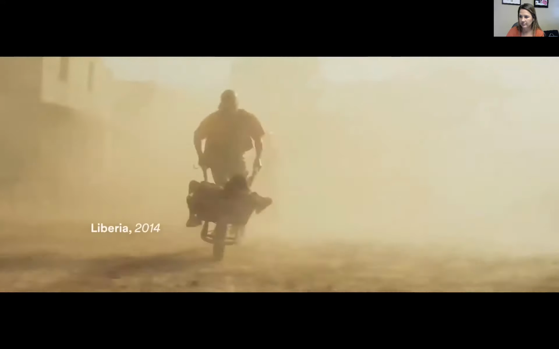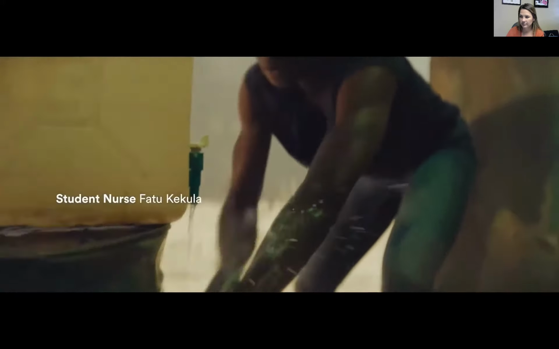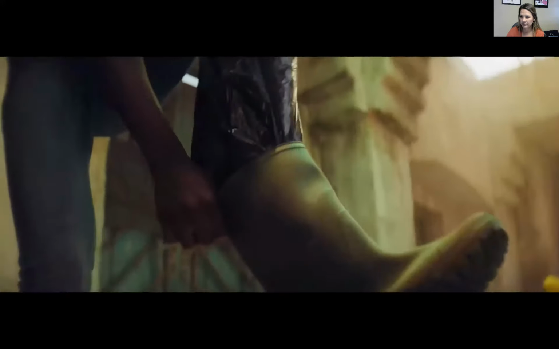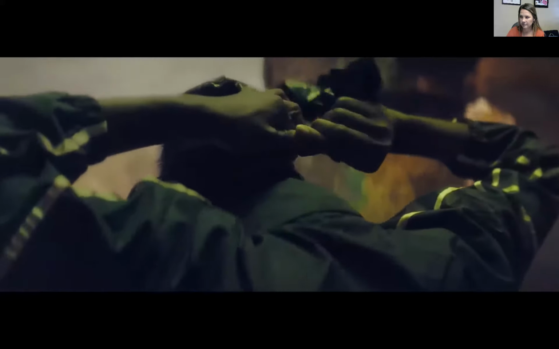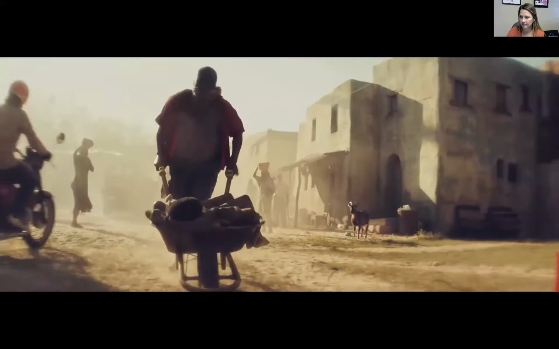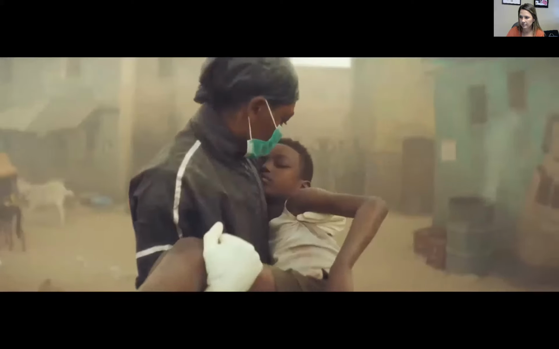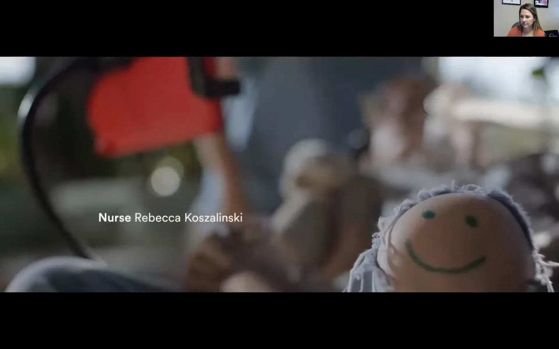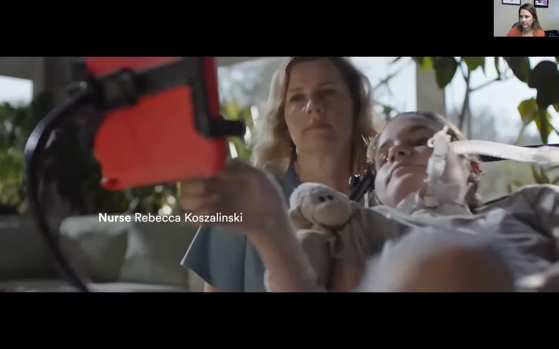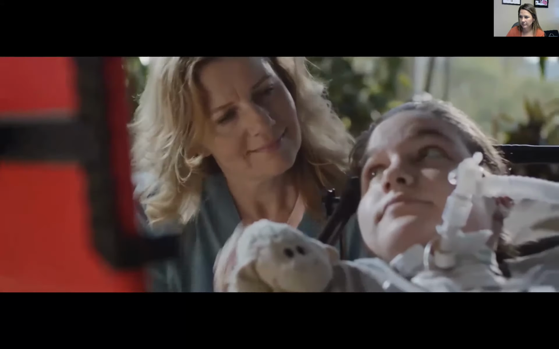During the Ebola outbreak, the disease was thought by many to be too contagious to treat, until a student nurse used what she had on hand, garbage bags and duct tape, to protect herself so she could care for others. And cerebral palsy robbed many patients of their ability to speak, until a nurse gave them back their voices. And I will always be grateful to her.